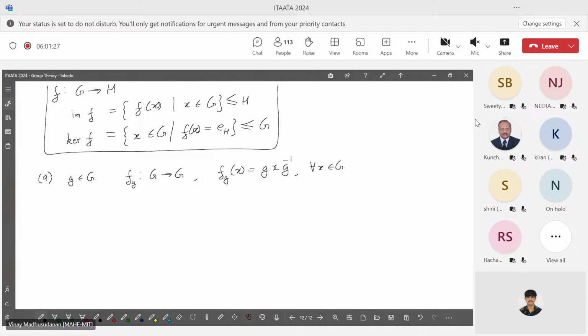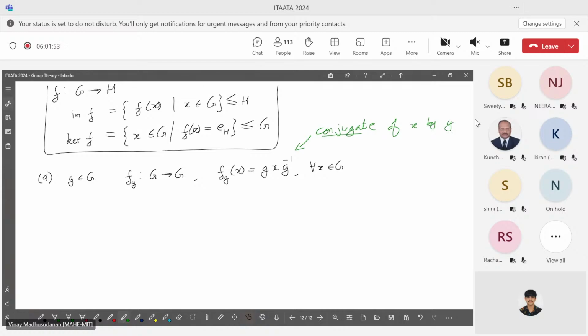So what is the operation called if you fix g and do g x g inverse for a given x? Conjugation. This is called conjugation of x by g.